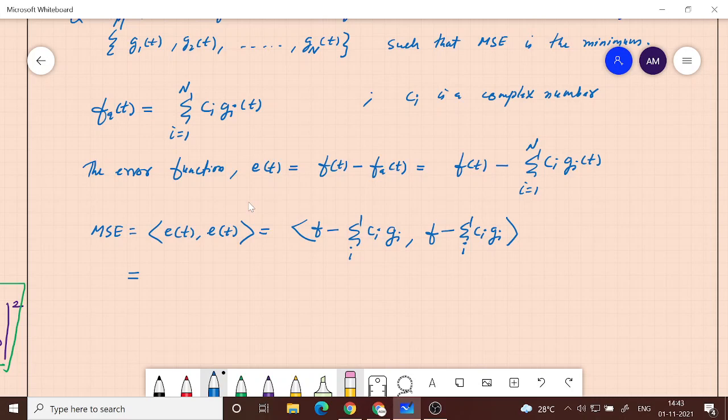Now there is an important thing that we need to keep in mind. In the first entry I am using a summing variable. In the second entry also I am using a summing variable. So one question to you, can I have a different variable here from the second place? In other words, can this i vary independently in the first position and the second position? Is that allowed?